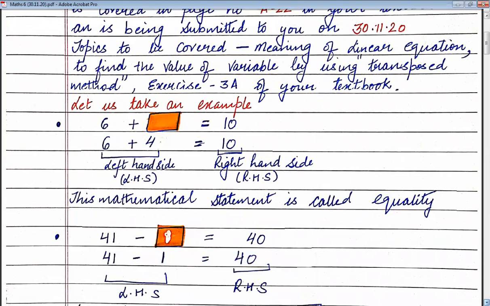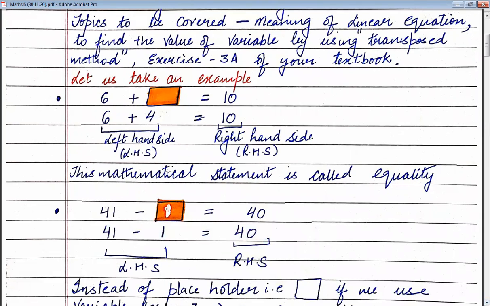Yes, you are right, left hand side is 41 minus 1 and your right hand side is 40. So when left hand side is equal to right hand side, that statement becomes equality.